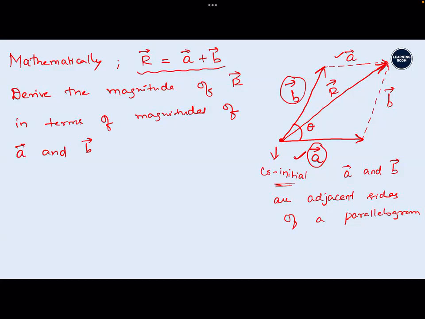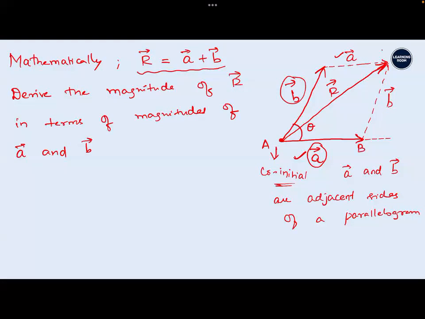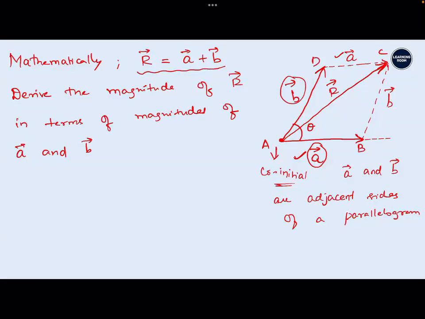Now, if I extend the side AB, so that from point C I am able to drop a perpendicular, then I can say if this angle is theta, then this angle will also be theta because they are corresponding angles. And I have dropped a perpendicular, and let me call that point E.